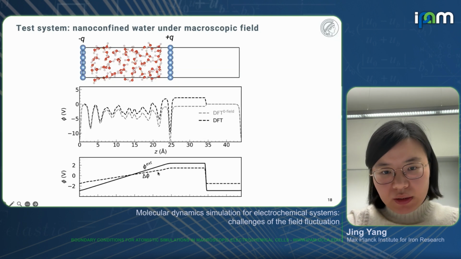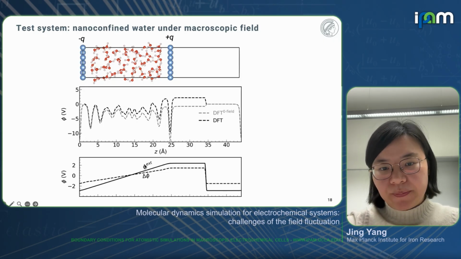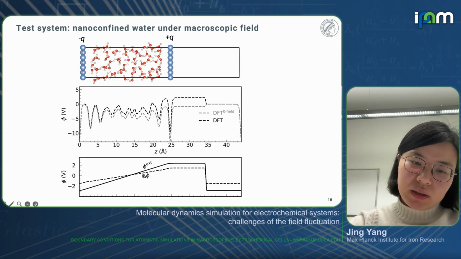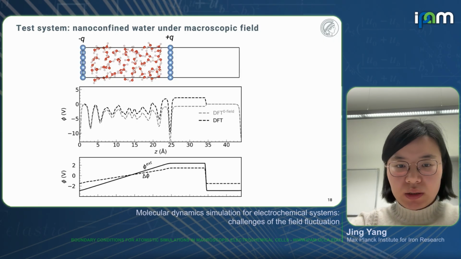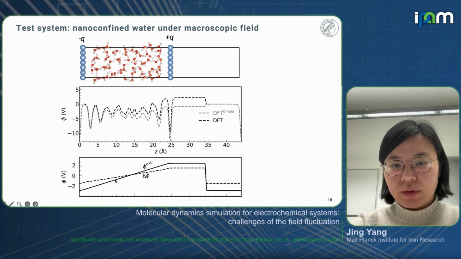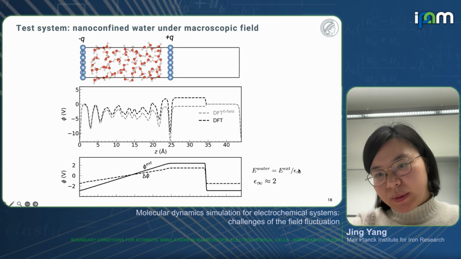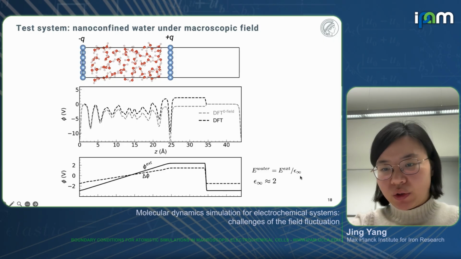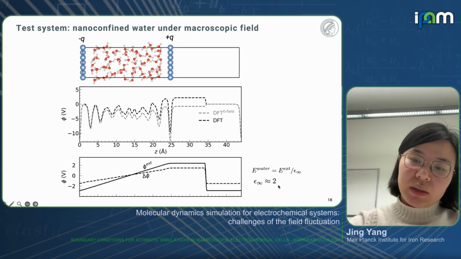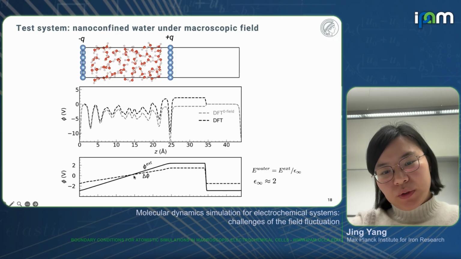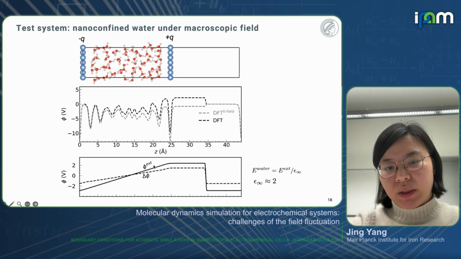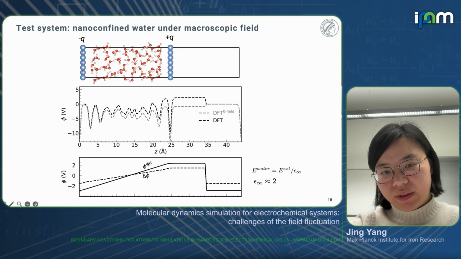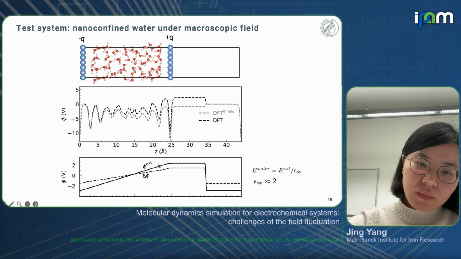And as you can see, delta phi is not exactly the same as phi external because of the electronic screening of the externally applied electric field by water. This corresponds to the high frequency dielectric constant of water, which is about 2. So the field corresponding to delta phi is about half of what you get from this phi external in vacuum.